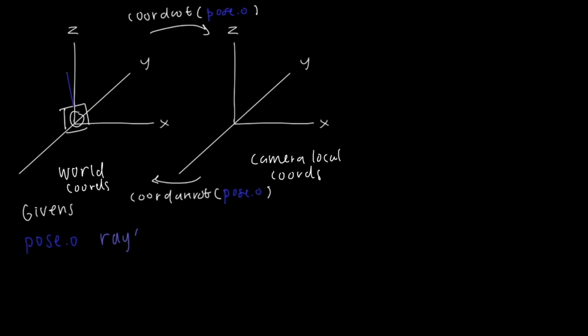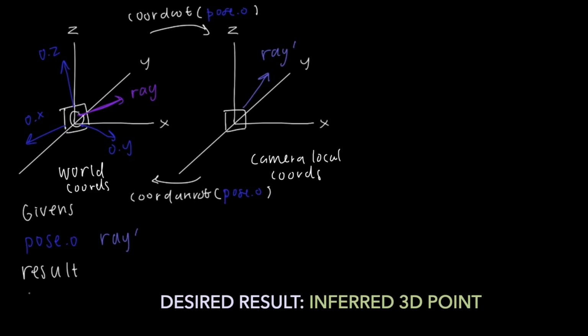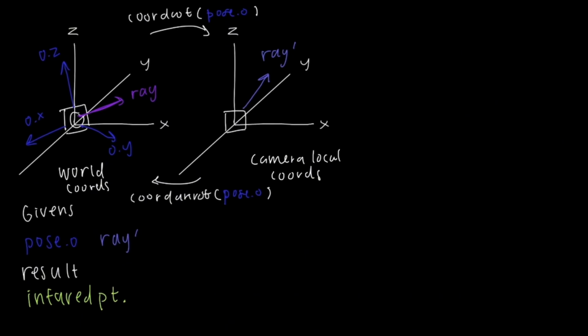Let's visualize everything. We'll say this is the camera pose in world coordinates, and that the outgoing ray is going this way. So the outgoing ray in local coordinates will look like this. Our result will be the infrared point. Now we need a way to get 2 lines to intersect at the infrared point.